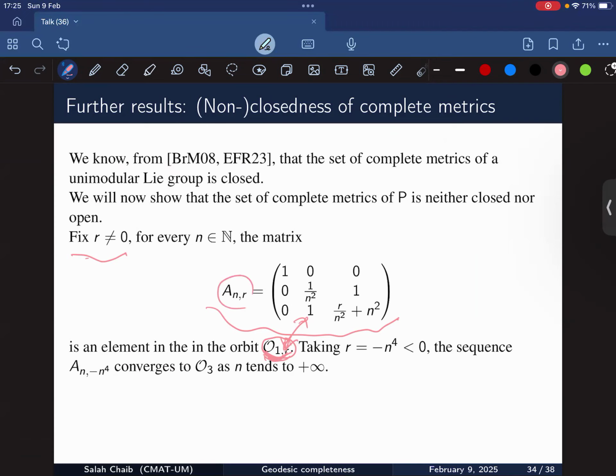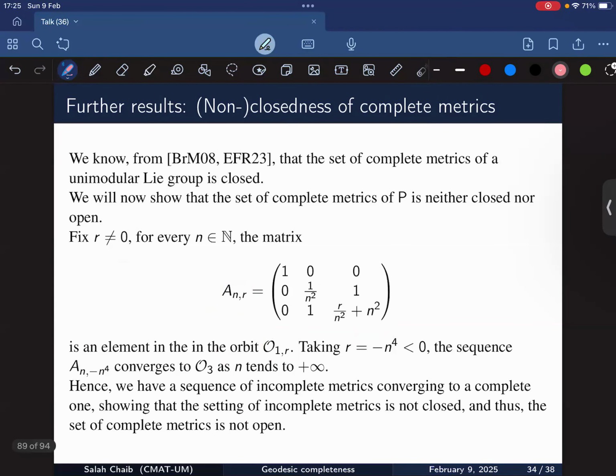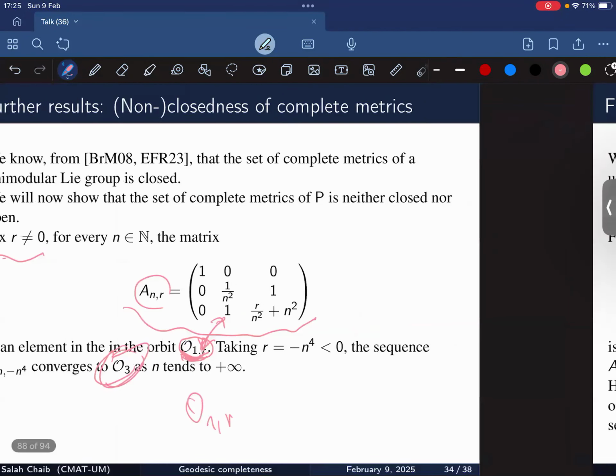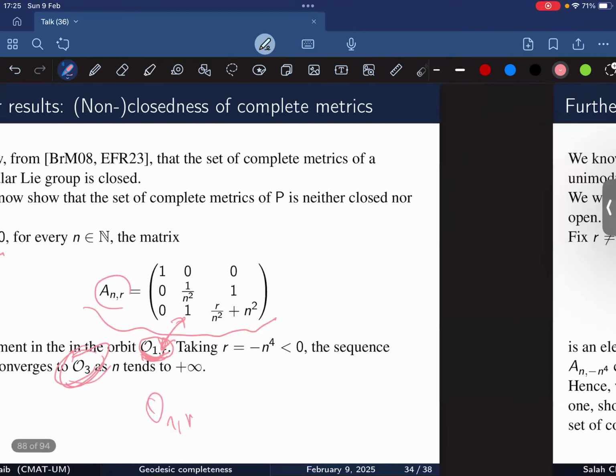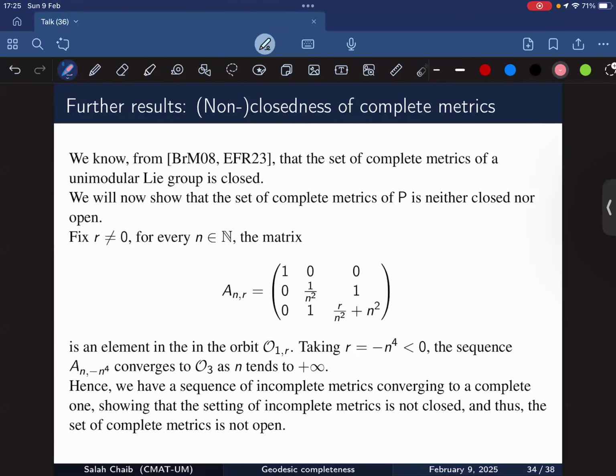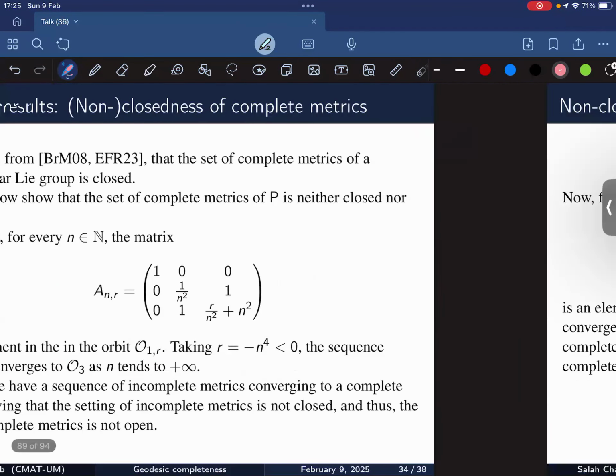It converges to the metric O3. So we have a sequence of representatives in O1R which tends to O3. But O1R can be either complete or incomplete, depending on whether R is positive or negative. But O3 is complete.